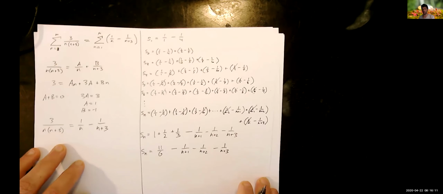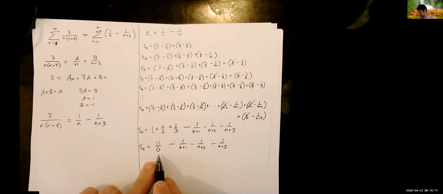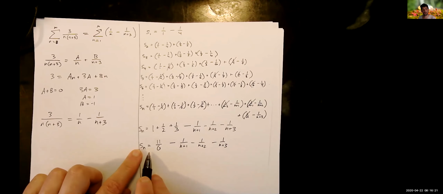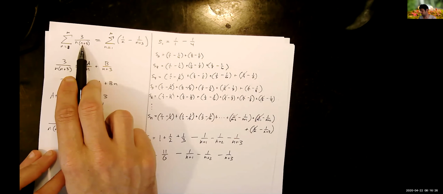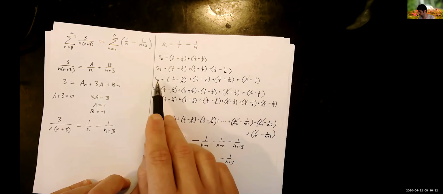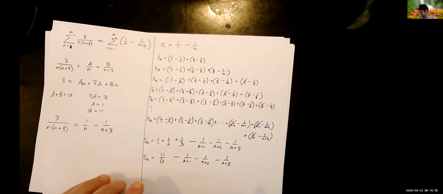So then the last step is we can take the limit of this. Remember, the definition of an infinite sum, if it exists, is the limit of the partial sums. Every partial sum looks like this once we get past S6, right?